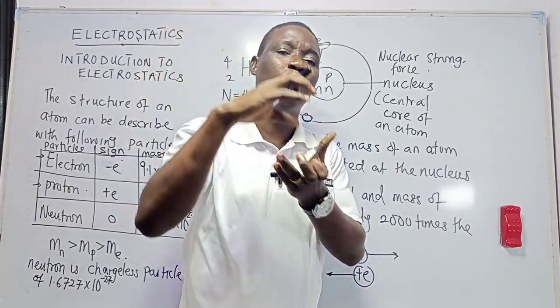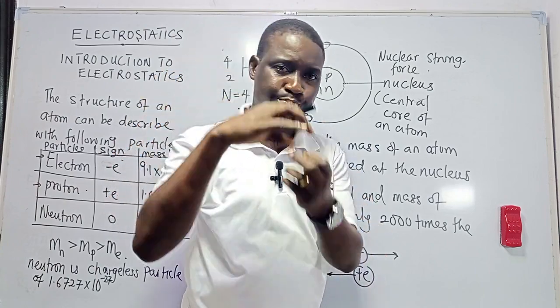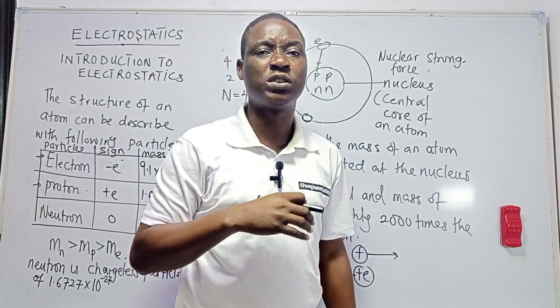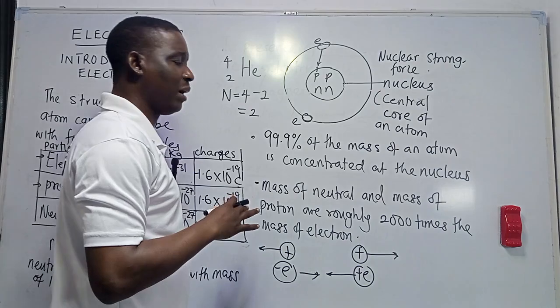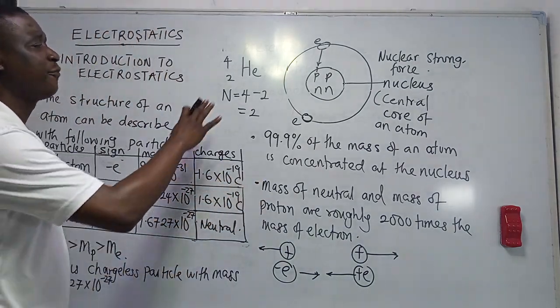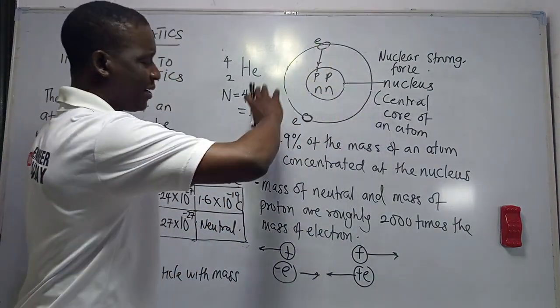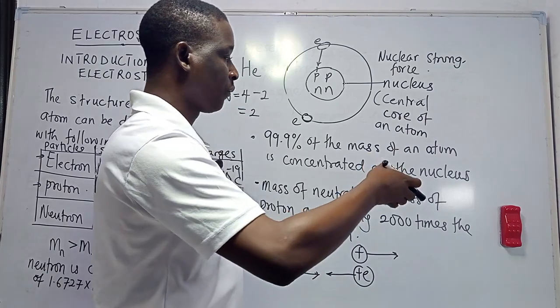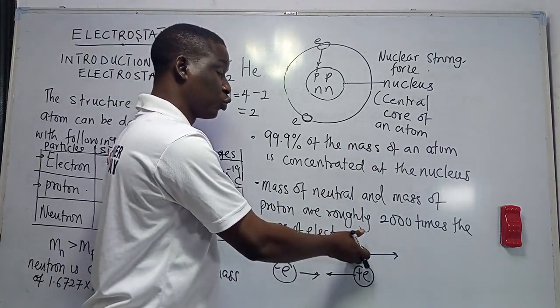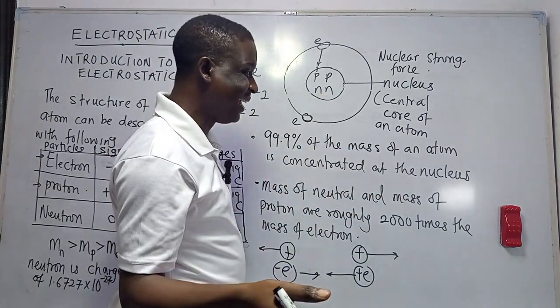So it is held by what we call an electrostatic force of attraction. So now we have talked about the structure of an atom, and I have told you that the force holding proton to proton together is what we call electrostatic force.